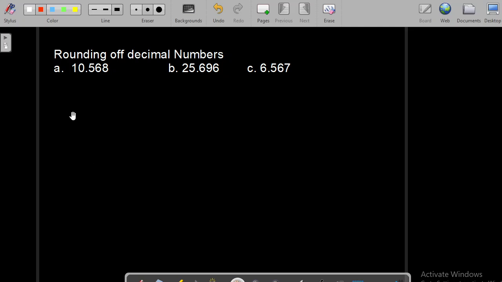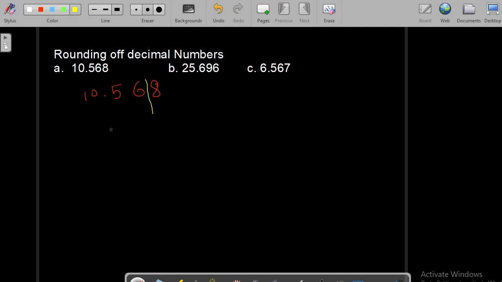Suppose we take the first number, 10.568. We are going to round off this number up to two decimal places. So we need the answer up to two decimal places.